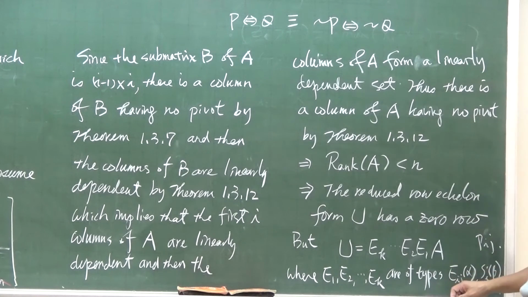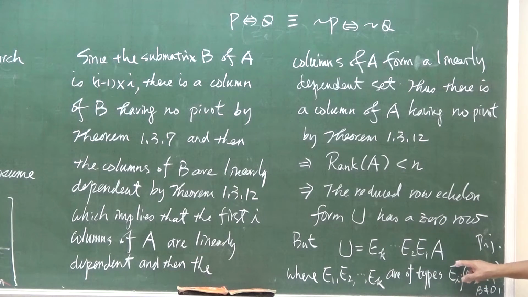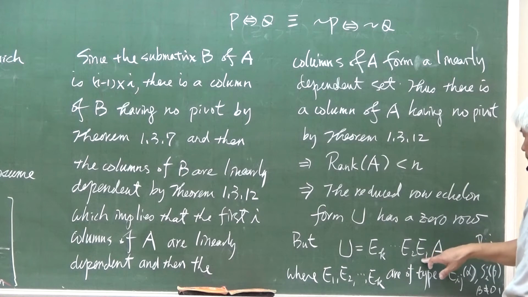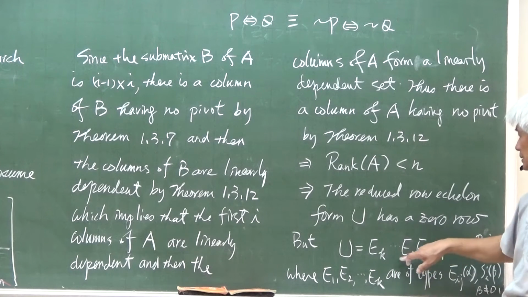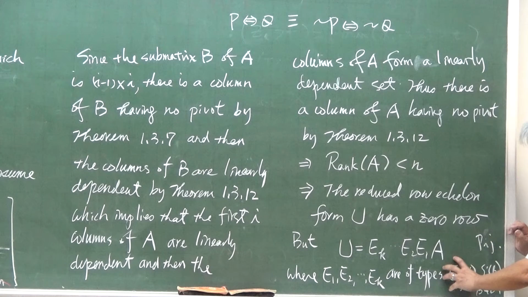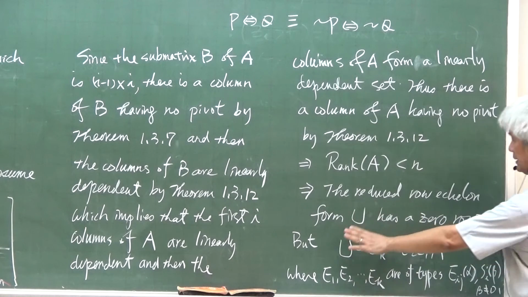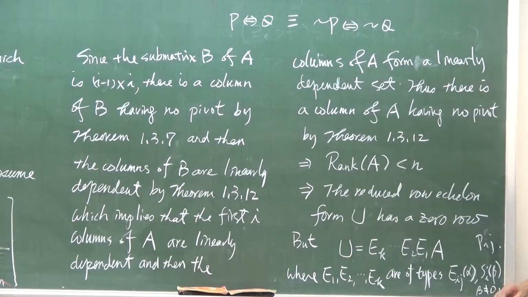Okay. So the reduced echelon form is obtained by applying elementary operations. That means that we apply elementary matrices, scaling matrices, or permutation matrices. Okay, so we have that.